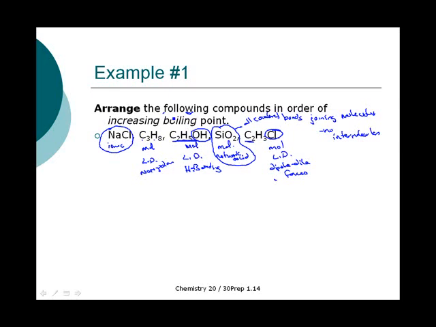Carbon-hydrogen bonds are only slightly polar, and since it only has carbon and hydrogen, the bond dipoles are probably going to cancel out. So C3H8 has the lowest boiling point because it has the weakest intermolecular forces.